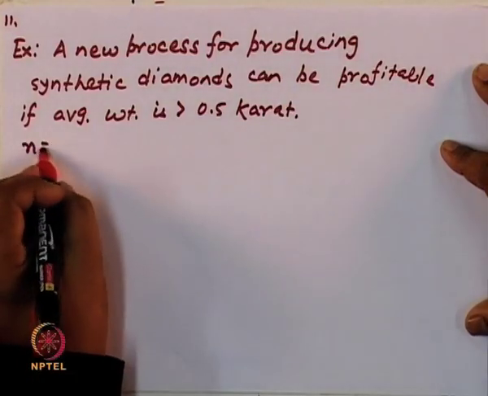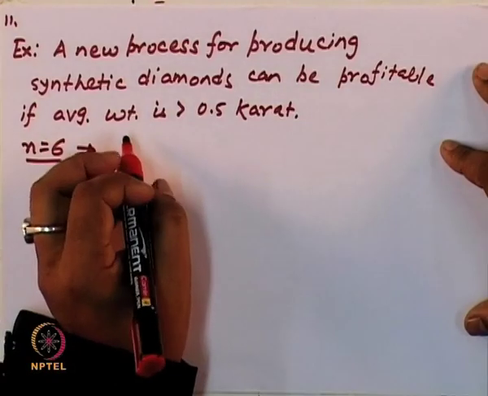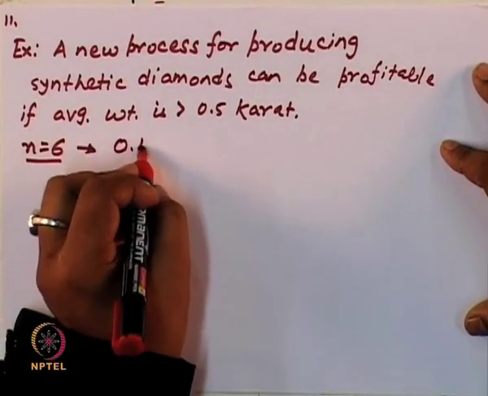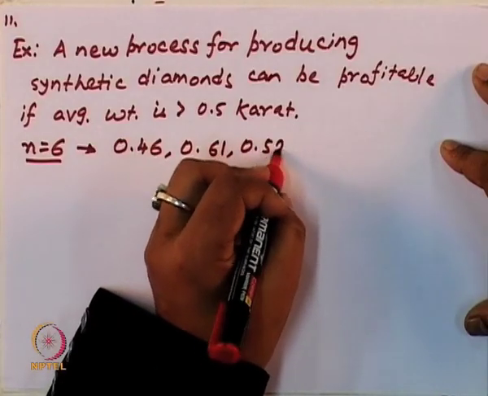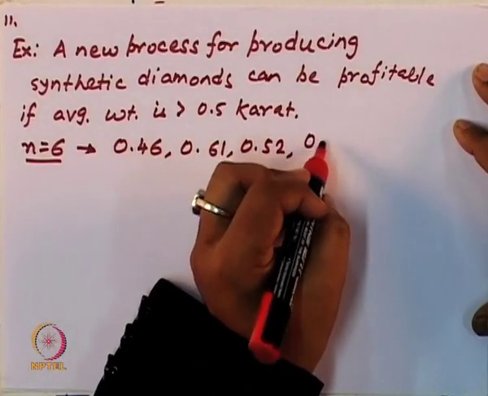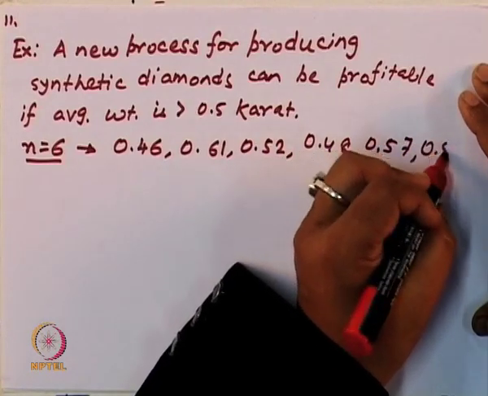Now, you have taken n equal to 6 samples and their weights are respectively 0.46, 0.61, 0.52, 0.48, 0.57 and 0.54.